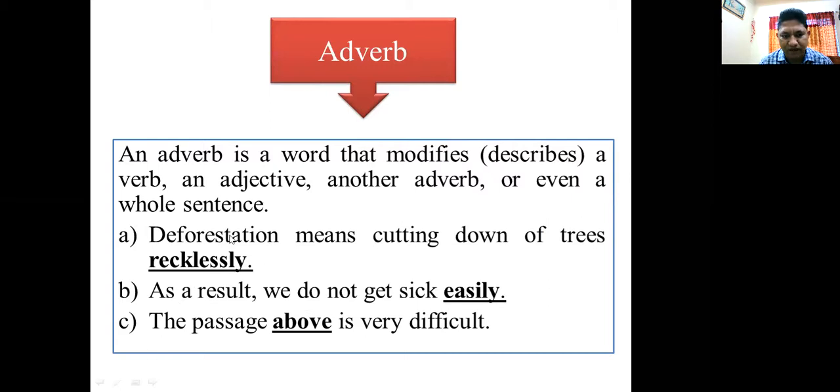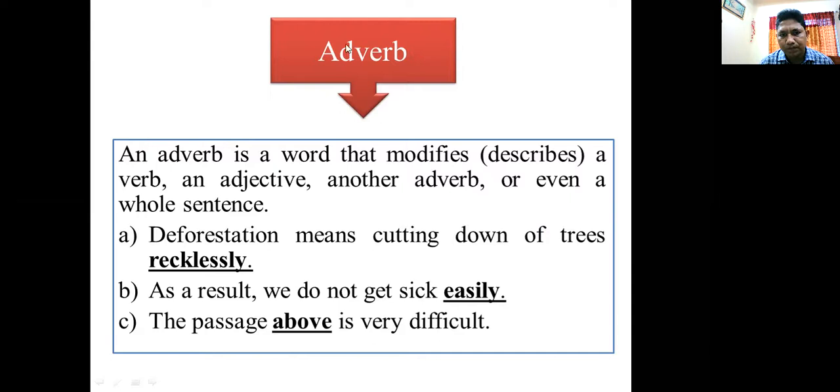As a result, we do not get sick easily. Here easily modifies adjective. The passage above is very difficult. Okay, it is modifying the full sentence.